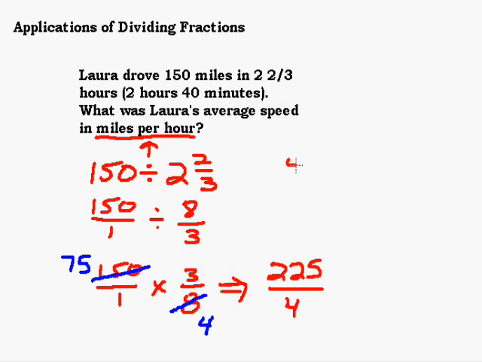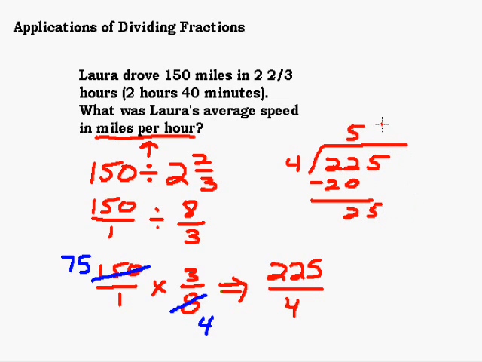If you need to, you can go off to the side and basically do that division problem. So 4 goes into 22 5 times. Bring down the 5. 4 goes into 25 6 times. And so 1/4. So it looks like we've got 56 and 1/4.